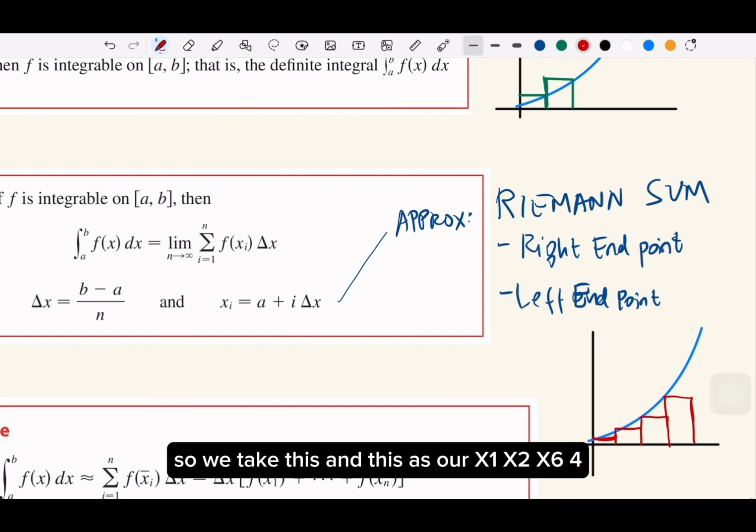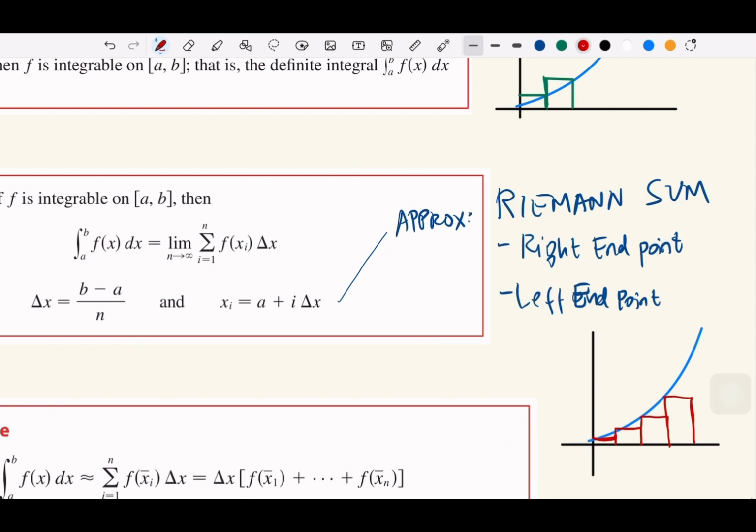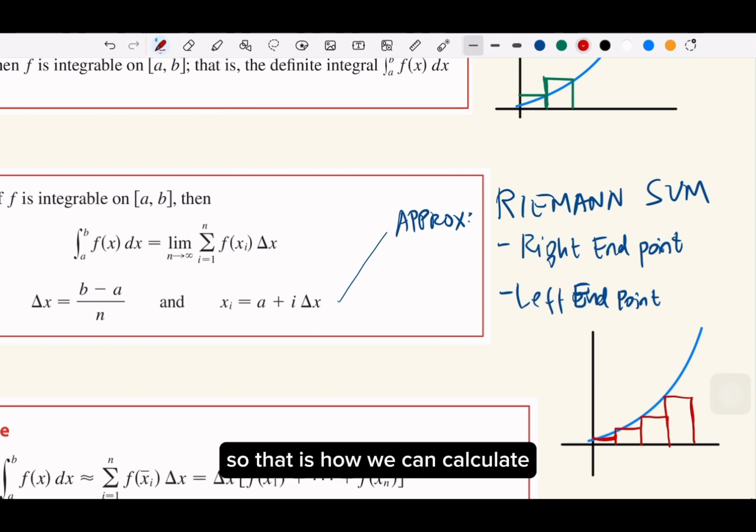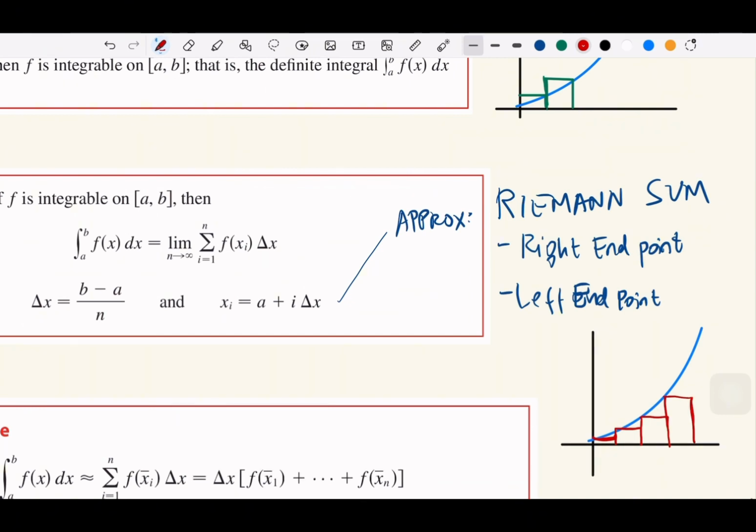So we take this, okay, and this, okay, as our x1, x2, x3, x4. Okay. So that is how we can calculate, and basically we calculate, for example, n is 10, which means the endpoint differences divided by 10, that is how many we have, or the delta.